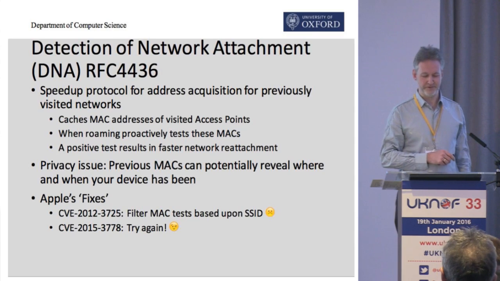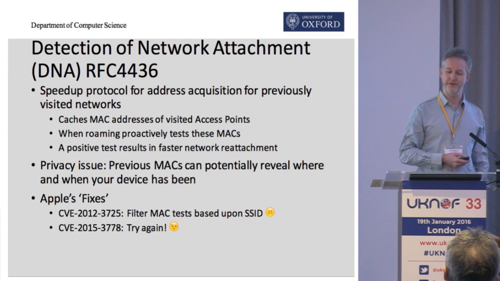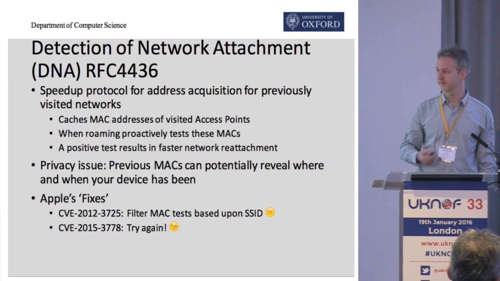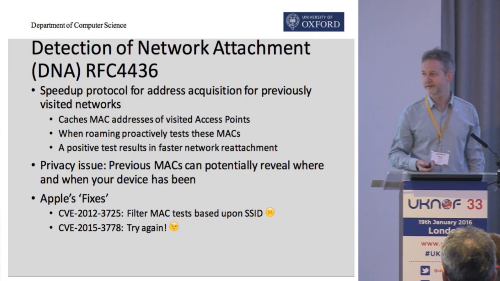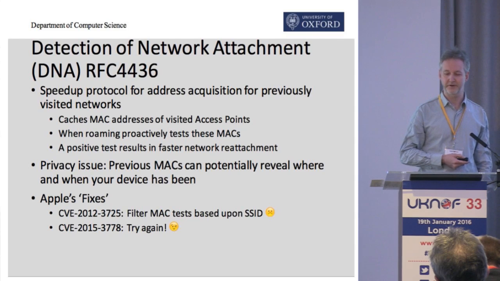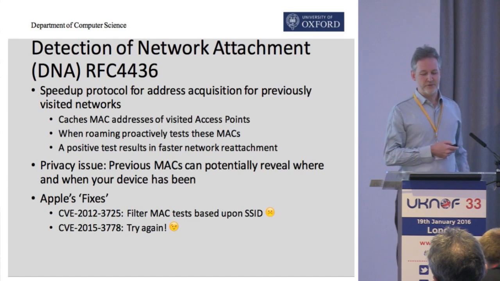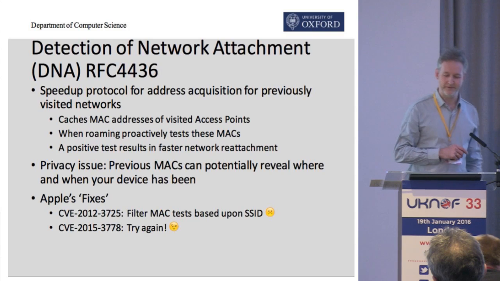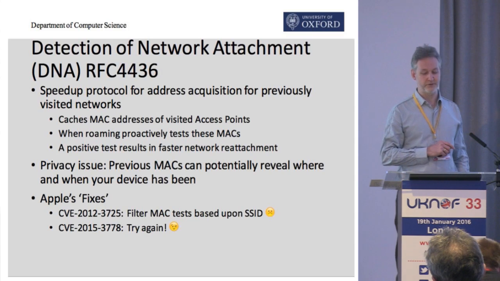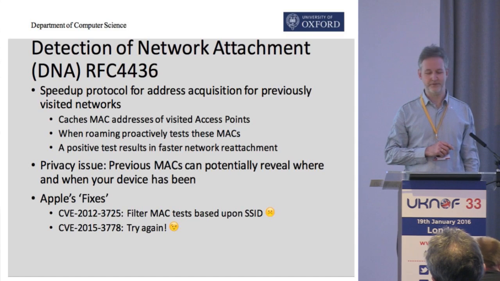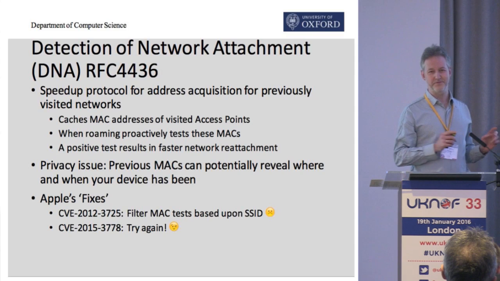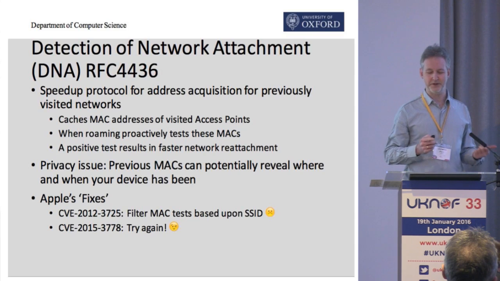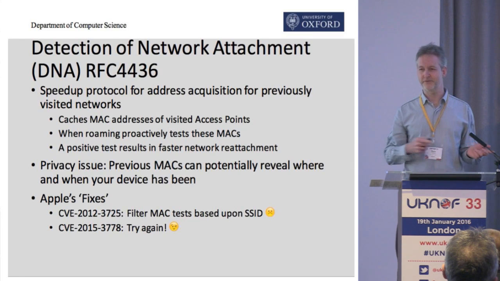But there is a bit of a privacy issue in that the previous MACs can potentially reveal where and when your device has been. So you often get a trade-off with these types of protocols. Apple came up with a kind of fix, CVE-2012-3725, where someone said this is a kind of bug, and why don't you try not to send MAC addresses all the time from every network.